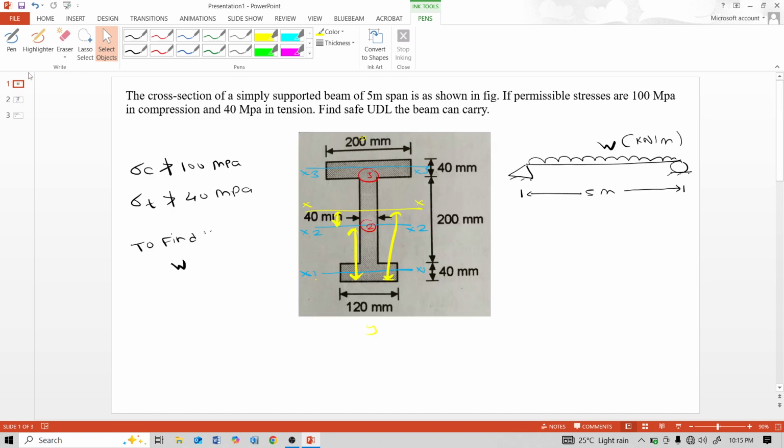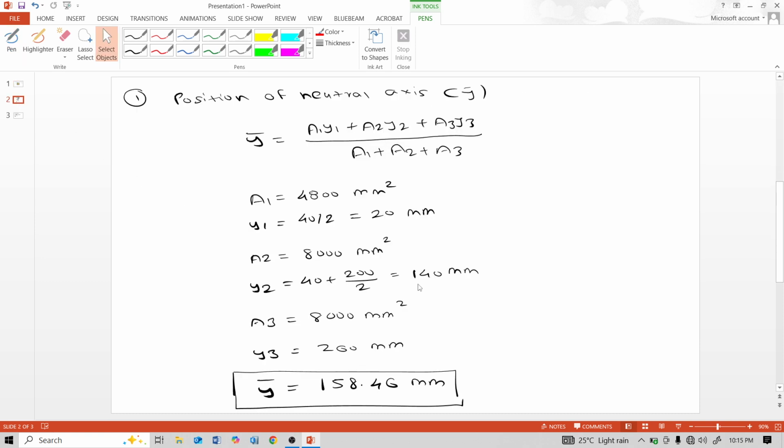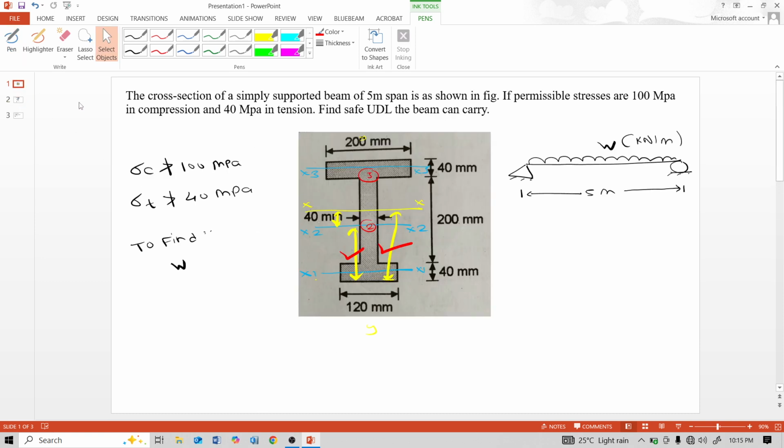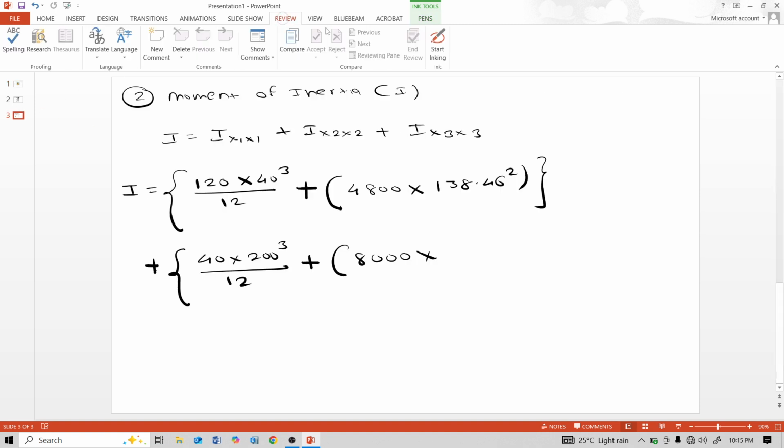So see, this distance is 158.46 mm, and minus this distance, this y2 140. So 18.46 mm we get for this distance. Now square of 18.46.